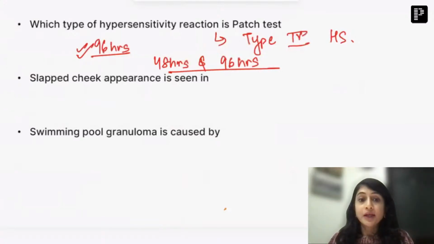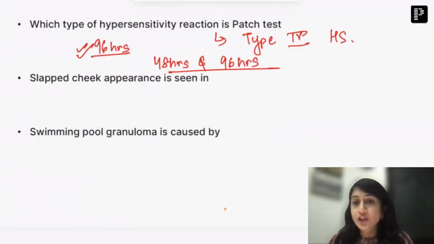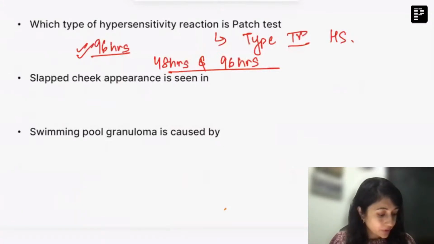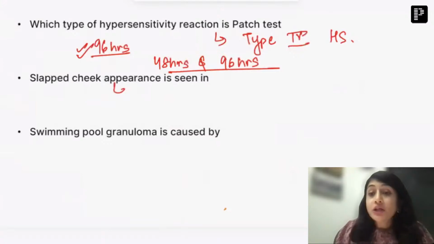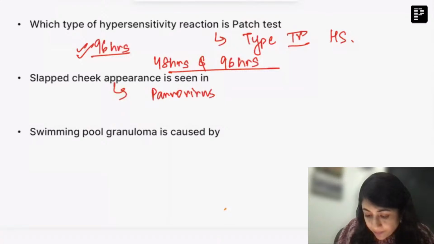Clear? Next question. Slap cheek appearance is seen in. Where do you see slap cheek appearance? Very good. Parvovirus infection, parvovirus B19. What is the infection called as? Great. So yes, slap cheek appearance is a viral infection caused by parvovirus B19.